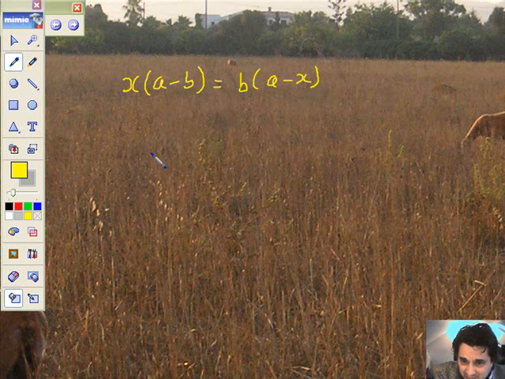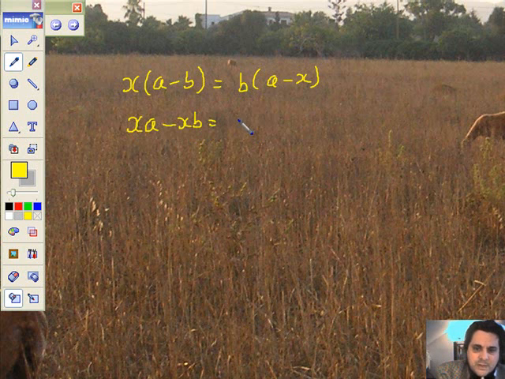Let's liberate this one that's stuck in that bracket. Multiply everything out. xa minus xb equals ab minus bx. Alright, so I've got x's on both sides, and let's try and do this, shall we? If I bring this over to this side, then I've got plus bx.